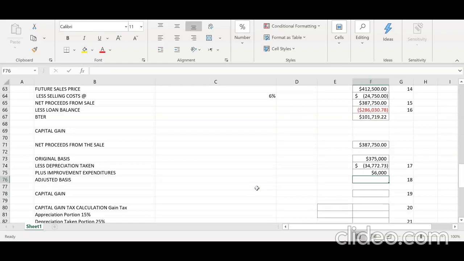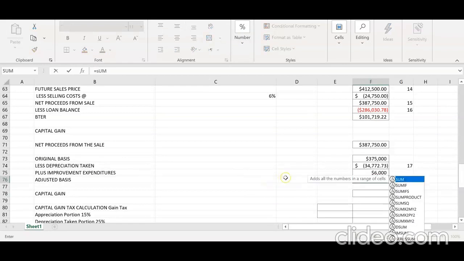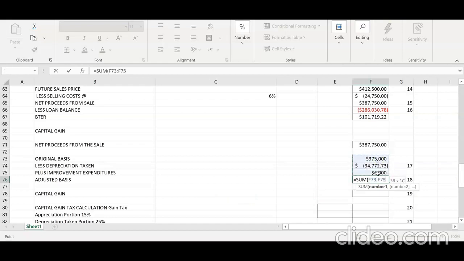And for the adjusted basis, we're going to use the function sum, and then we're going to go to the cell $75.